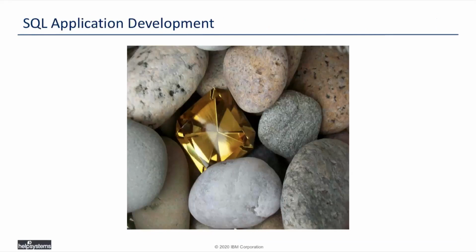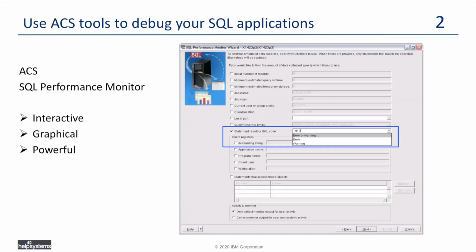So what's next? Let's go into SQL Application Development. Again, I'll begin with an Access Client Solutions dialog. This is known as SQL Performance Monitor. For that monitor, there's a wizard that gets utilized when you create a new monitor. The idea here is SQL Performance Monitor, which was previously known as Database Monitor, is a database application trace.